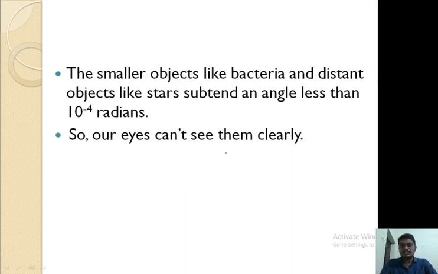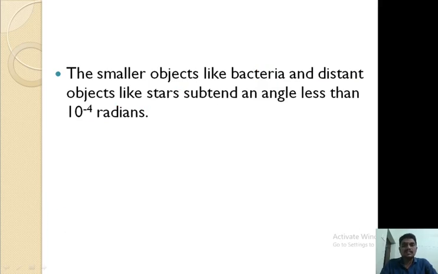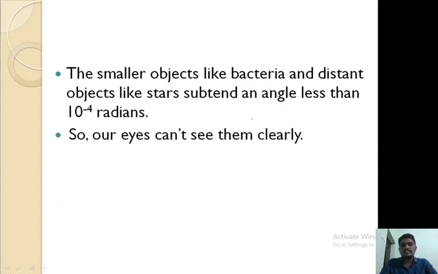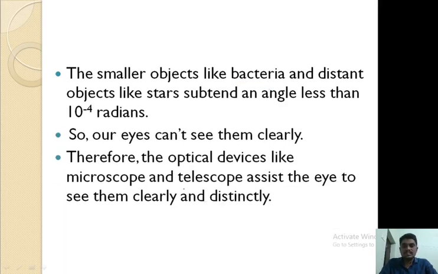To see smaller objects we need a microscope, to see distant objects we need a telescope. So this is the importance of microscope and telescope. They actually increase the angle of vision, so they look bigger.